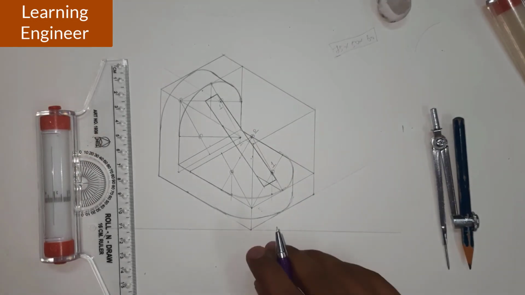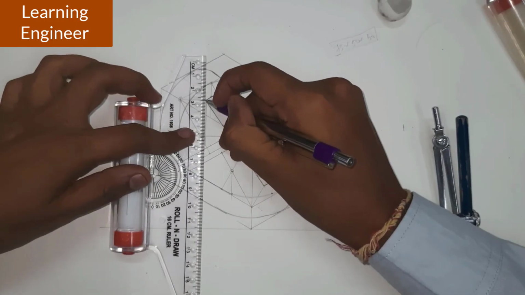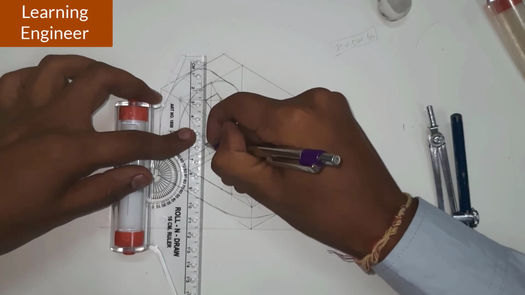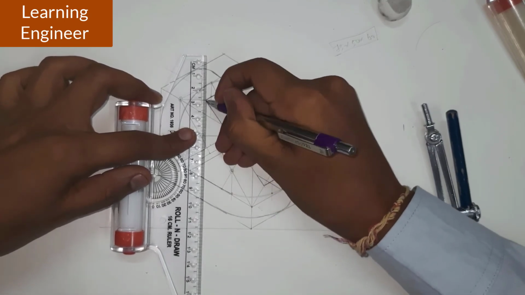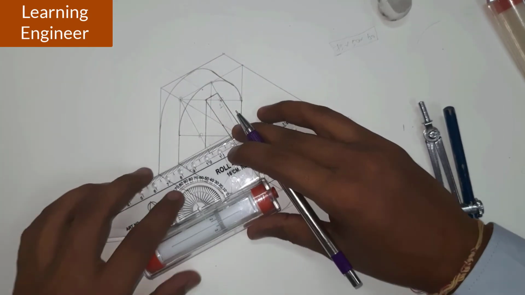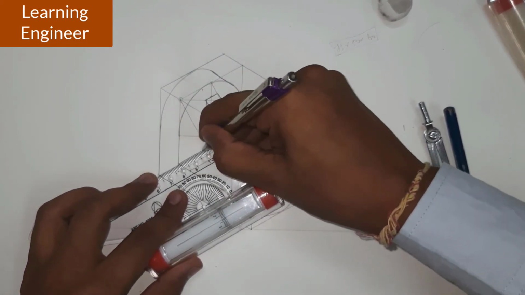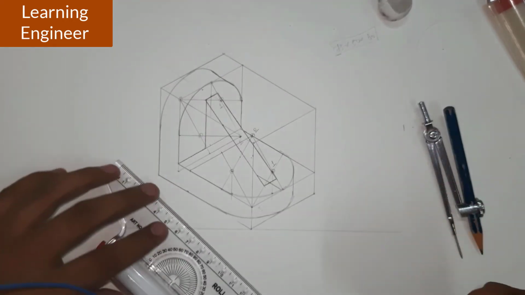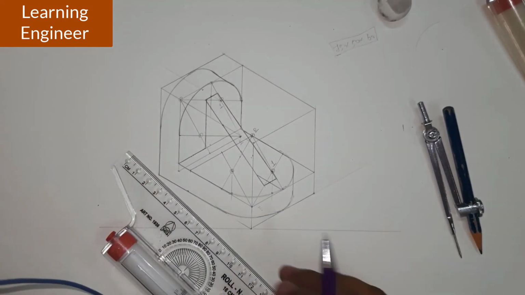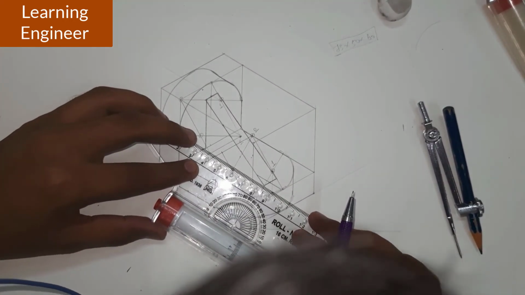Then after, what is required? We have to come below like this, and we have to make this particular part, and we have to dark this particular part.